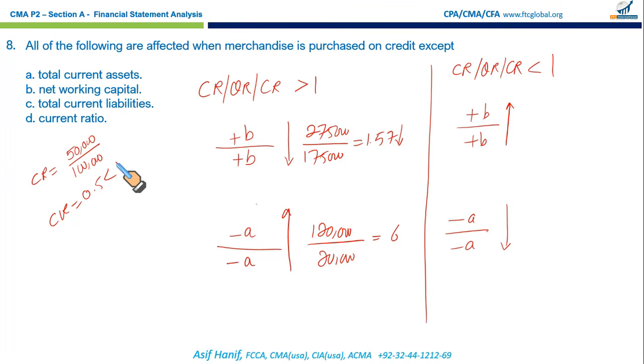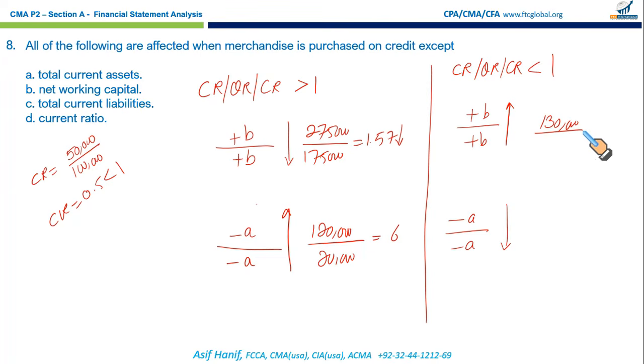Let's take some imaginary numbers to see what happens if the numerator and denominator both increase by the same amount. Let's buy goods worth 80,000 on credit. If you buy goods worth 80,000 on credit, your numerator will increase by 80: 50 plus 80 is 130.